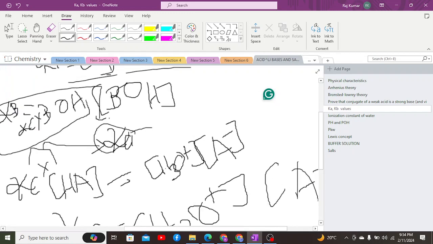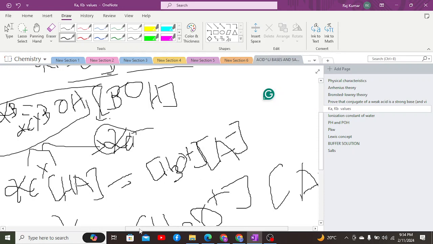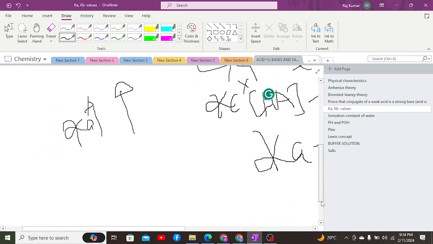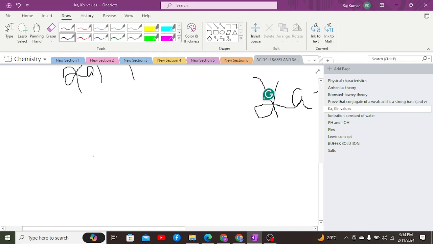Likewise, if there is a lower value of Kb, there is low basicity. Again, we cannot express the value of Kb conveniently because it is in terms of power, such as 10 to the power minus 10, 10 to the power minus 14. So what we are going to utilize is pKb.